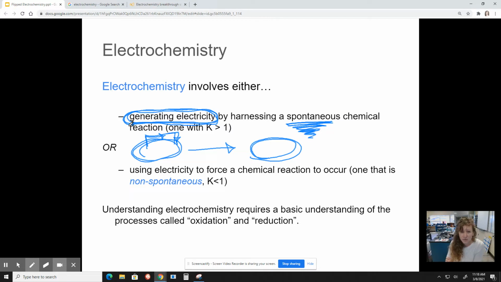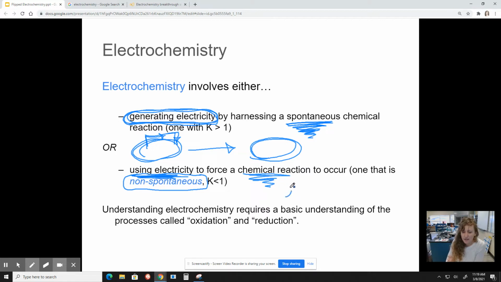The study of electrochemistry can also be the opposite. If there is a non-spontaneous reaction that we want to happen, then we can use electricity to force that non-spontaneous chemical reaction to occur. So this might be things like resisting corrosion. As we design this whole line of products that are going to resist corrosion, basically we are manipulating these redox reactions to happen differently or happen in reverse. Electricity can be used for that.